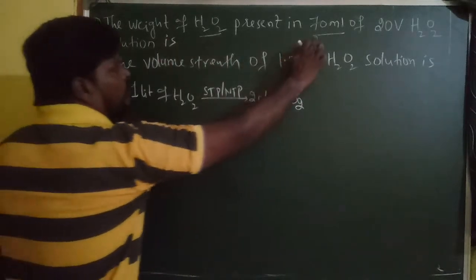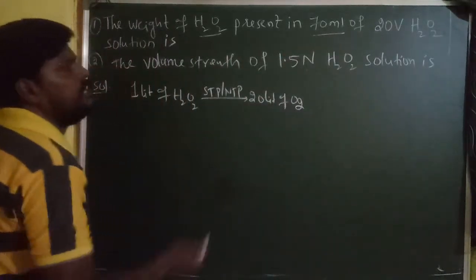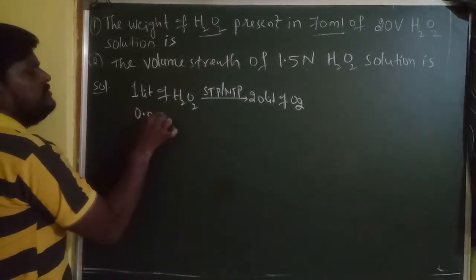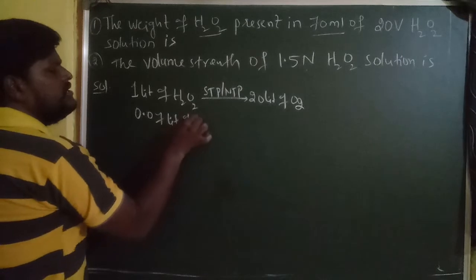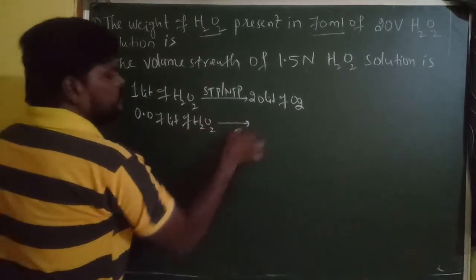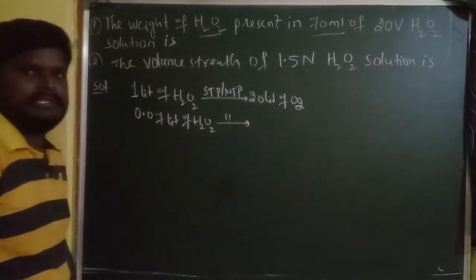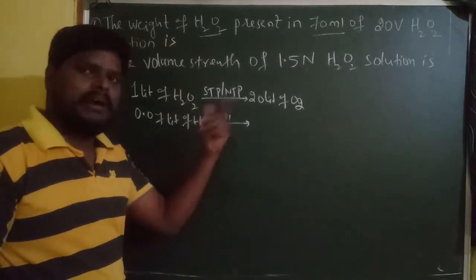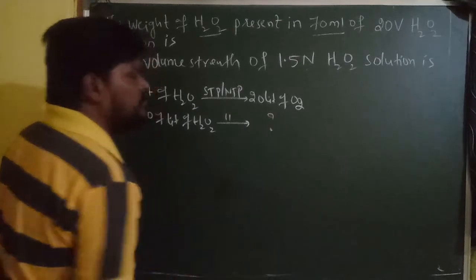But according to the problem, how much volume do we have? 70 ml of H2O2. Converting into liters, 0.07 liters of H2O2 at STP or NTP. Yes or no? 0.07 liters of H2O2 at STP or NTP produces how many liters of oxygen?